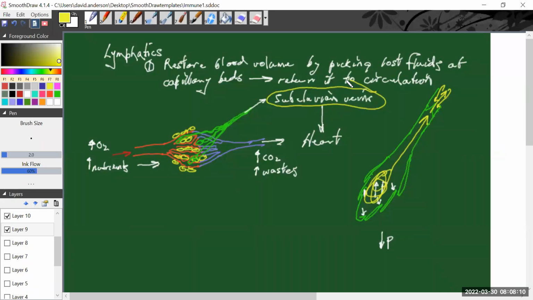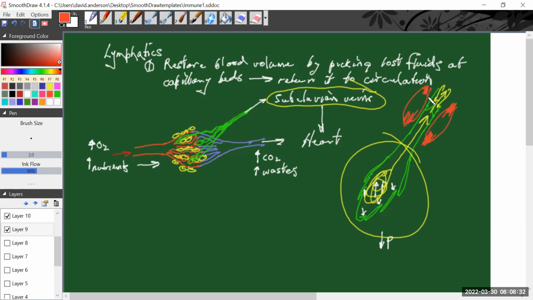They're up in the thoracic cavity. So we're going to draw back towards the heart in this way, using the pickup at the capillary network and the one-way flow because of valves. And on either side of these lymphatic vessels, we've got muscles.